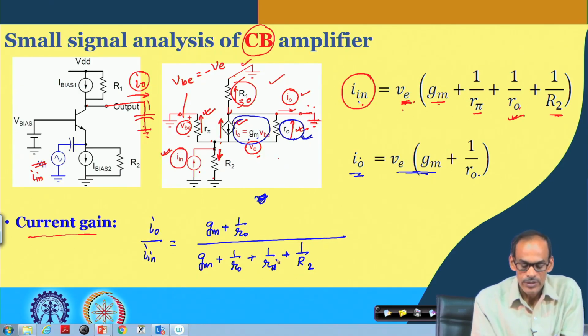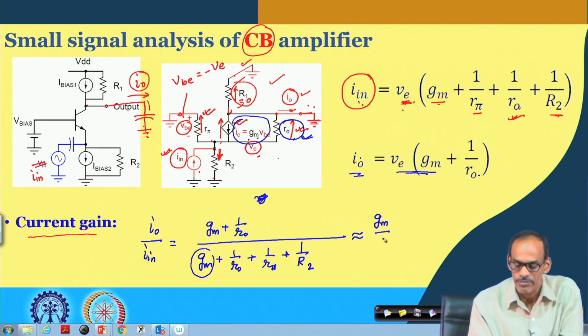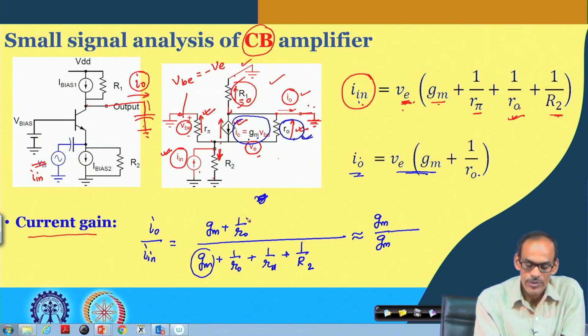In fact, because this Gm is dominating, we may consider the rest of the things to be very small. In fact, you may call this practically Gm by Gm. If you want, you can keep this part, or to be more precise, we may drop this part. So, we can retain this part and this part.